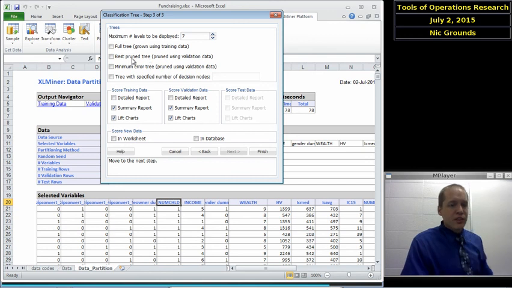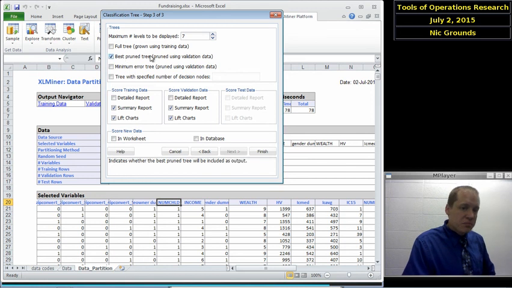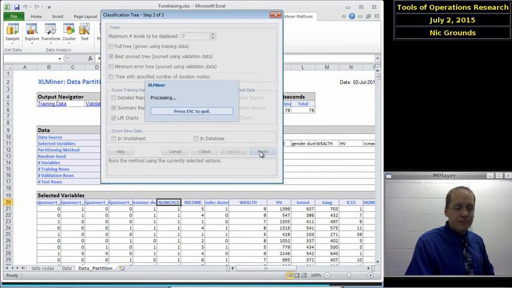There's a specific reason why there's a best prune versus a minimum error, and I forget all the details of why that is. Generally speaking, they'll be very similar anyway. So I'm just going to tell it we want to see the best prune tree, and that's simply I want to visualize what that looks like. And then so forth, we can get summary reports and lift charts for training and validation data. So let's see what that looks like.